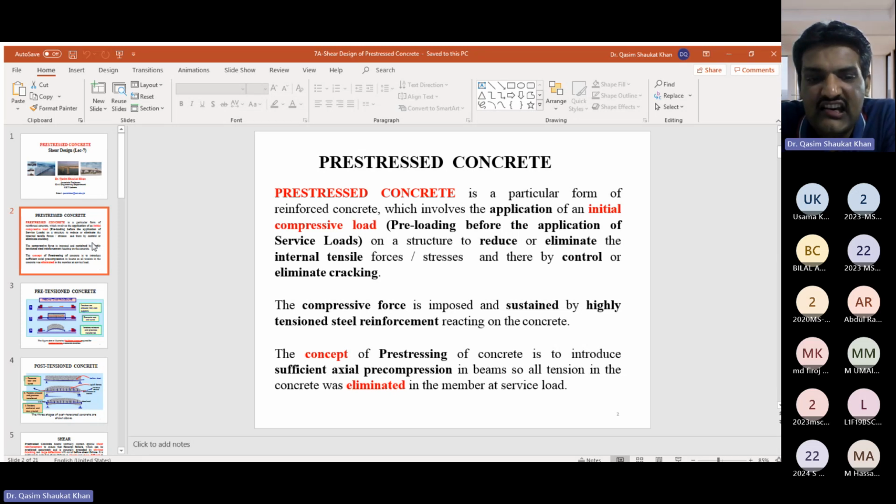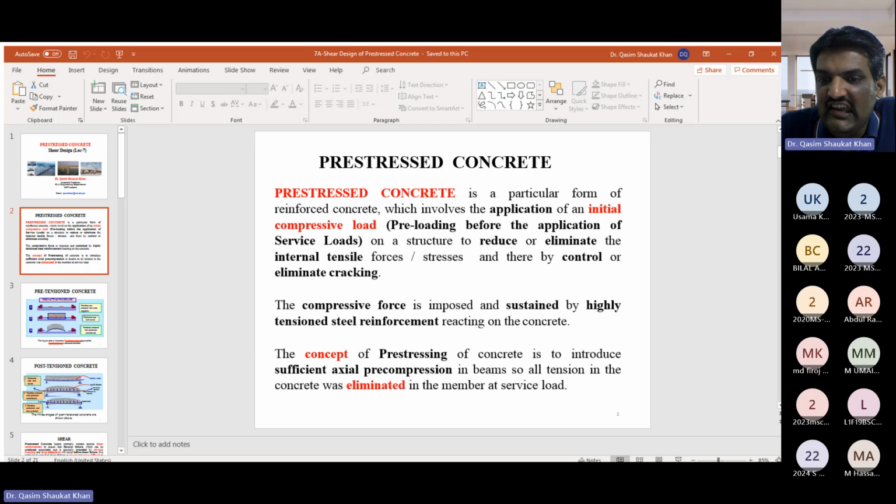As stated earlier, this pre-compression will produce the hog, a negative camber, that is tension at the top and compression at the bottom. The applied loads, self-weight, superimposed dead loads and service loads, will produce the sag.